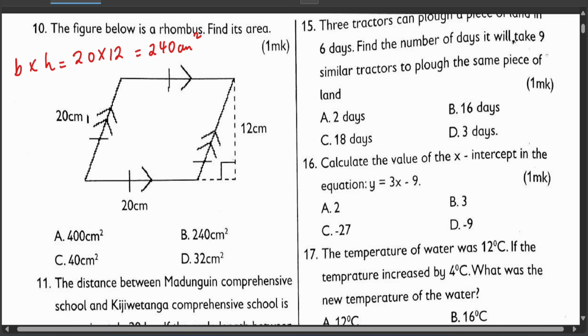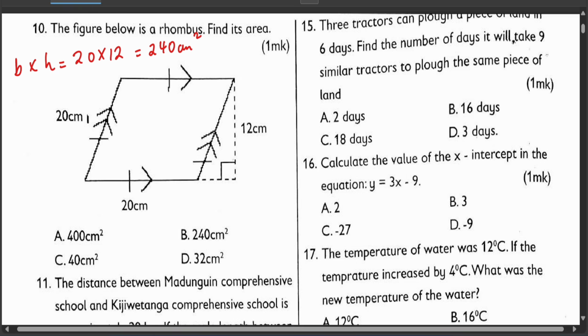Kama utafuta diagonal ni wewe. I don't think there's a need for you to calculate a diagonal. So when two sides are given, that's how you calculate for it. So don't think too much. Ukianza kufikiria sana itakupa answer ambazo sizo kabisa.